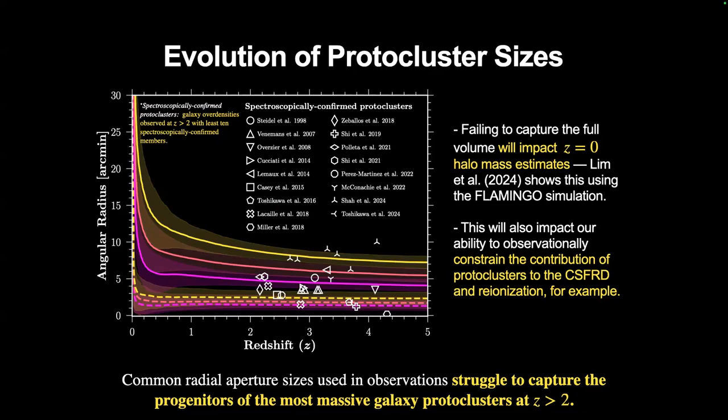It's also going to impact the ability to observationally constrain, for example, the contribution of protoclusters to the cosmic star formation rate density, reionization, like we heard about earlier from Crystal. So it's really important to have a large enough field of view in your observational samples to capture all of the galaxies that are going to end up in the cluster at redshift 0.